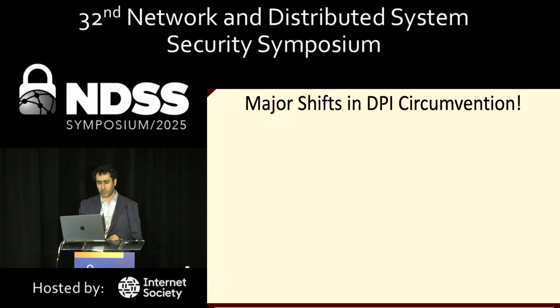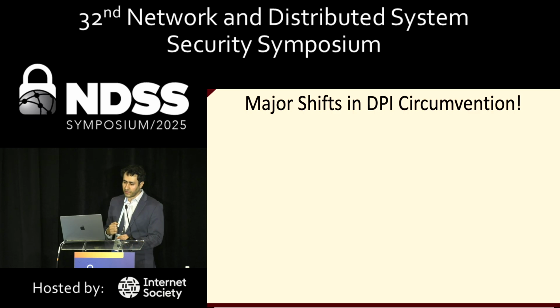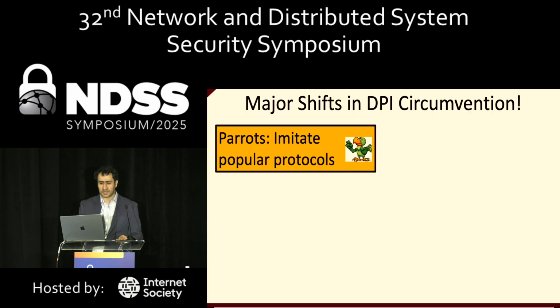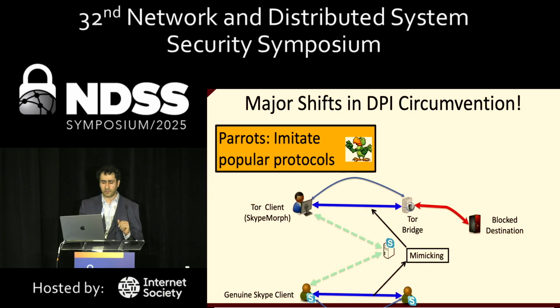And so when it comes to defeating DPI circumvention, I want to oversimplify the work so far into 3 major lines of work. Early on, there were these systems called parrots, and their idea was, let's say Skype is popular and China will not block Skype because a lot of Chinese users use Skype, so we're going to make Tor traffic look like Skype, right?